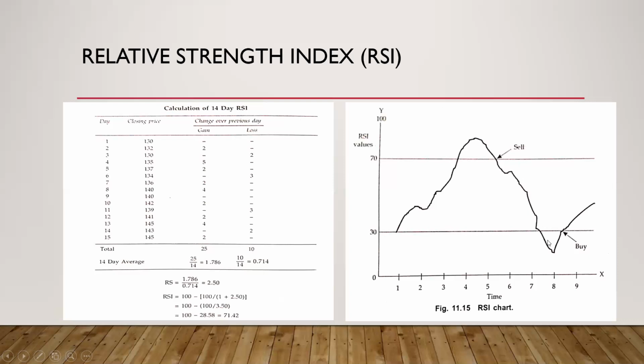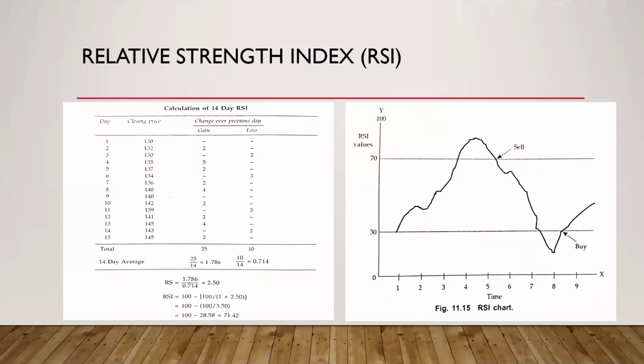Suppose the price has gone below the 30 line and then it slowly reached up to 30, then technical analysts will purchase the securities. They will buy the securities because it's going to show a trend reversal and the prices are going to rise after that. So they will make a buy decision at this point. So RSI charts are helpful in such a way. So that is the second oscillator.